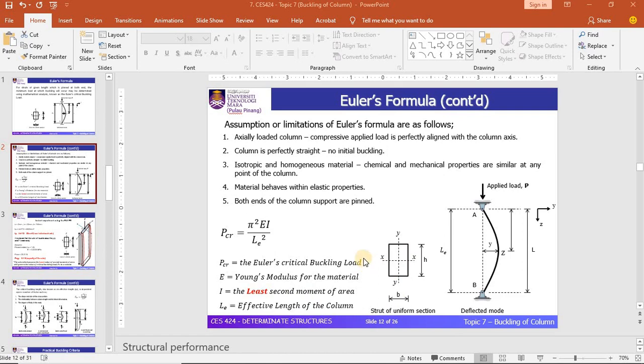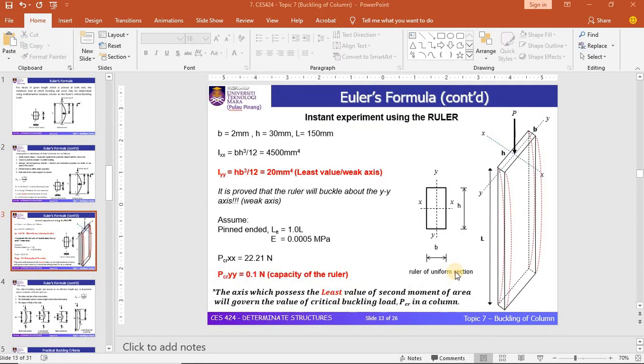To discuss this issue in detail, we will use the ruler as an instant experiment. You may grab your ruler and try to push it. You will find that the ruler buckles about the y-y axis, as you can see in this diagram. The cross section of the ruler consists of a short side and a long side.